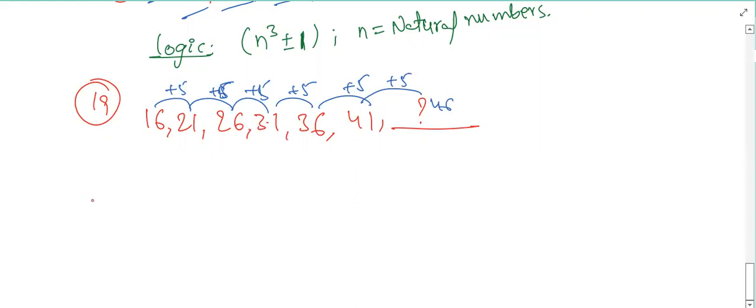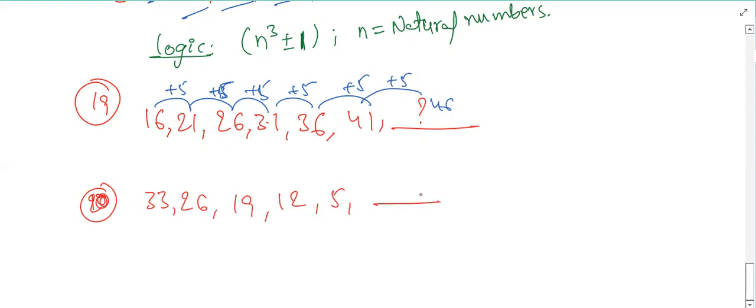And tell the logic for this: 33, 26, 19, 12, 5, and dash.